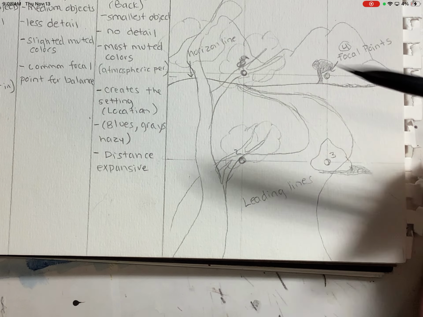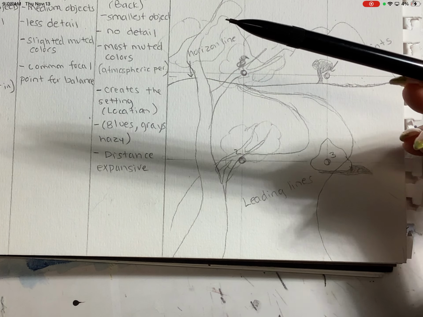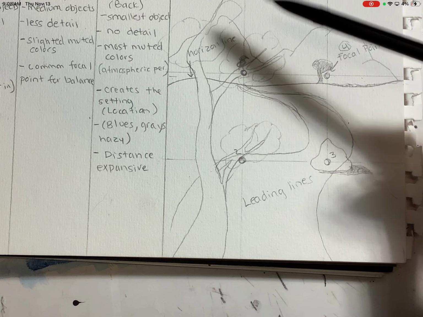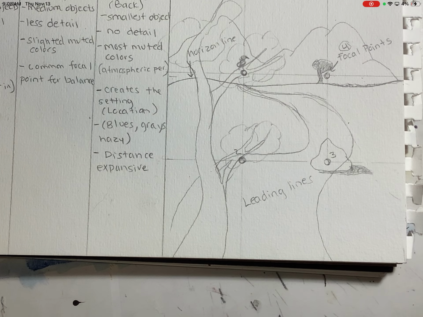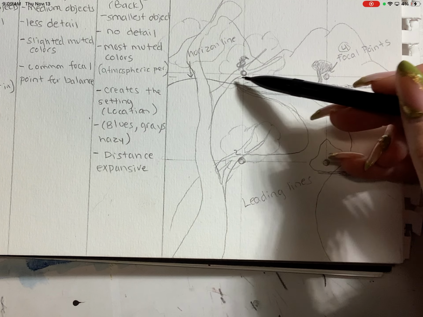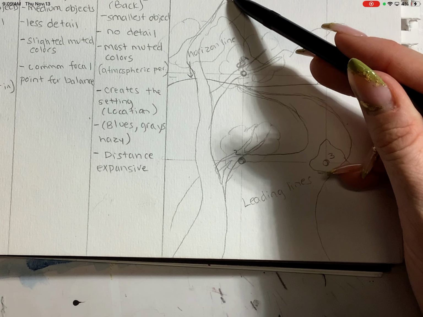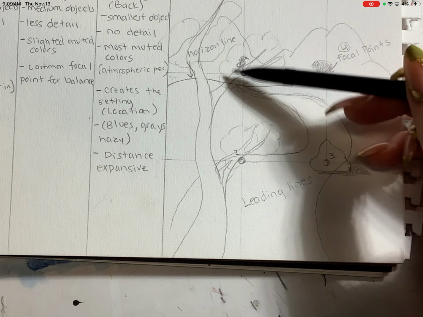Just make sure, wherever you want the viewer to see the most, you put near those focal points. If it's just a background setting that's not that important, doesn't really tell the exact story you want to tell, you can just move it off of the focal points. So I didn't want my tree to be my main focus point, but I wanted my little bird.